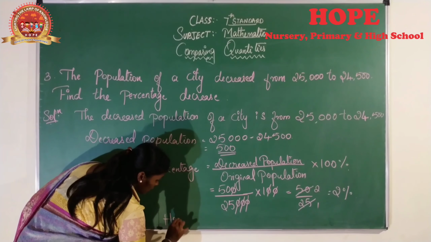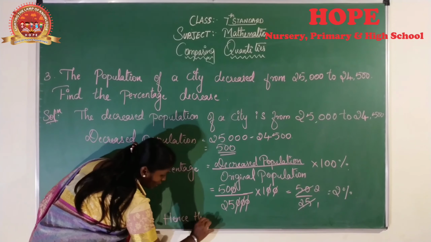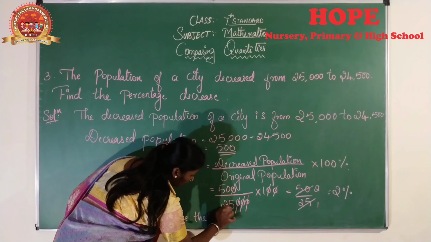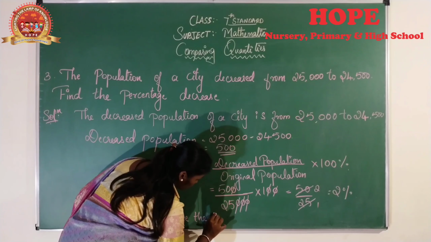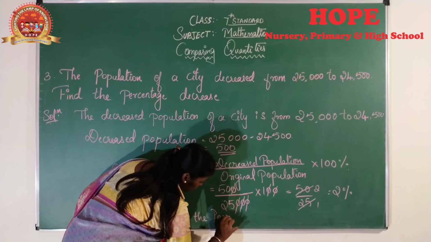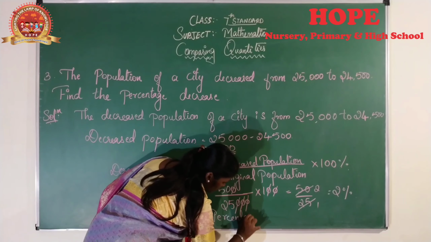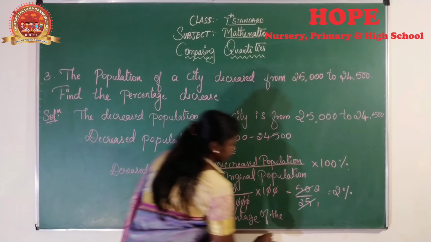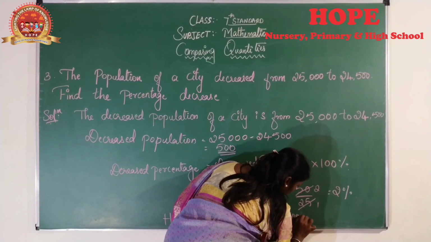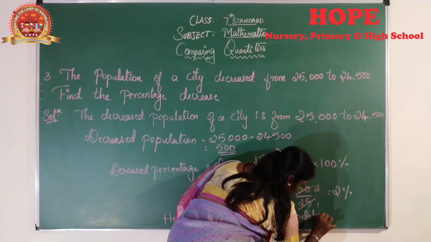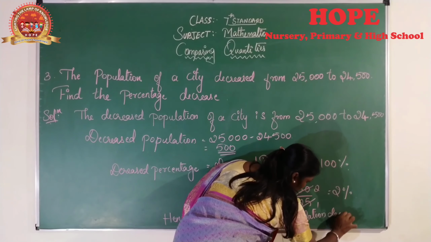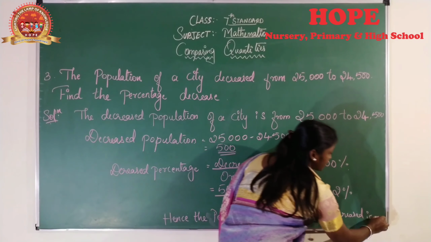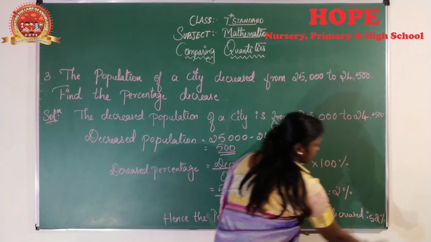So hence the percentage of the population decreased is 2%.